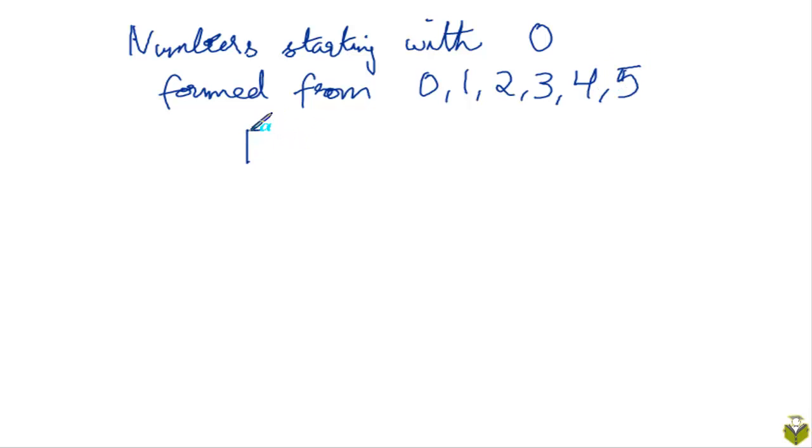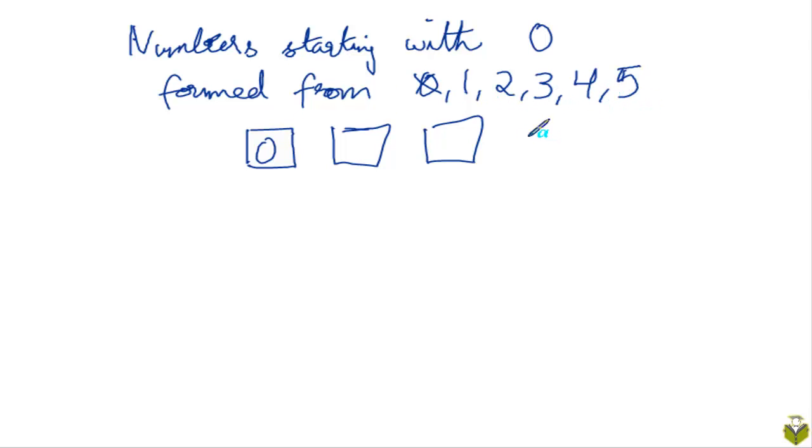So we have a 3-digit number, all the 3-digit numbers with 0 always coming in the first place. So how many boxes do we have left? We have just 2 boxes left, right? And now how many objects do we use to fill these 2 boxes? 0 is already used here, so 0 is gone. So we have only 5 objects left, right?